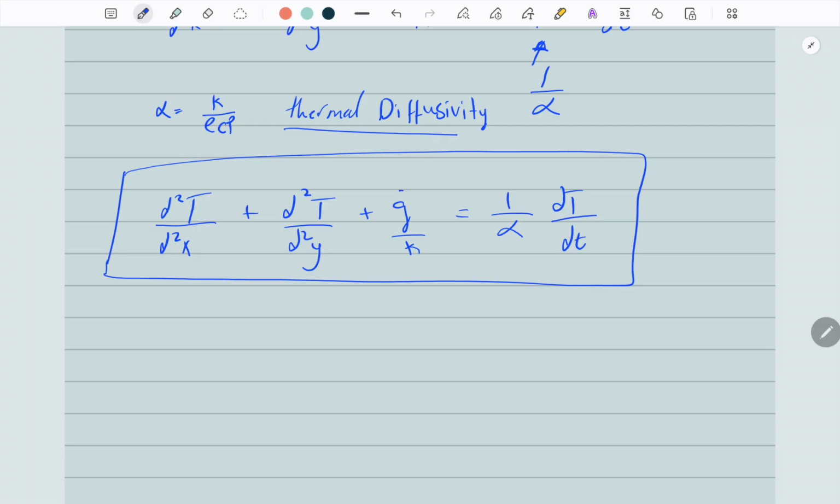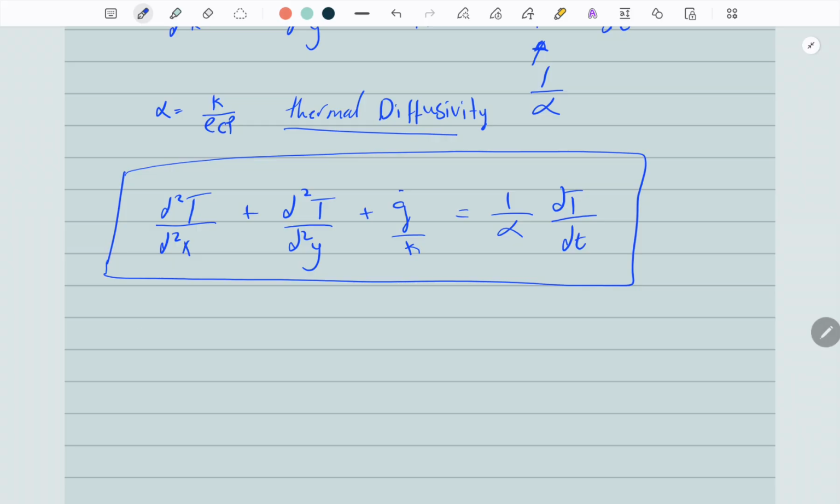This equation here is used to find the temperature distribution throughout the solid, and in order to do that, there are initial conditions and boundary conditions that need to be involved when solving this equation.